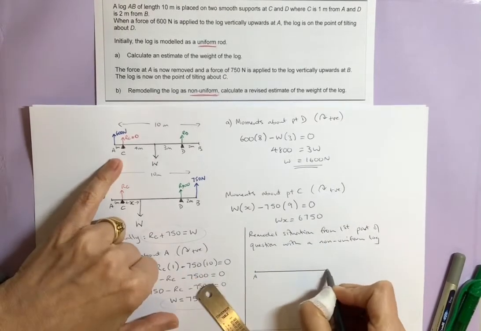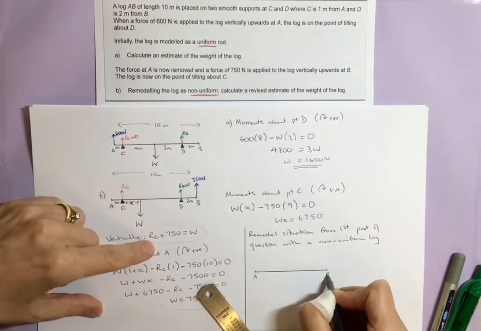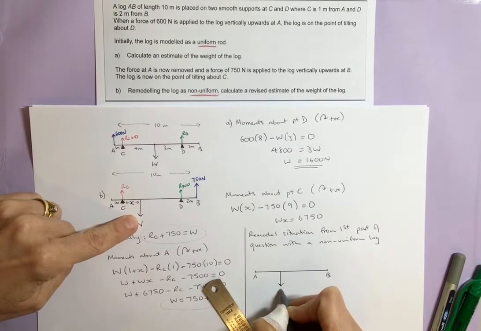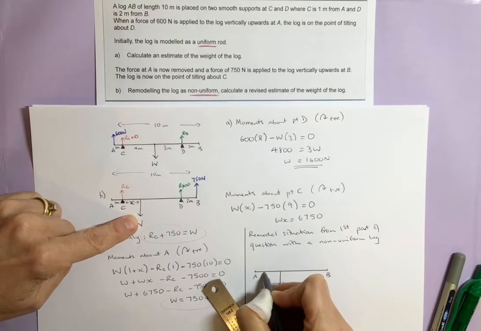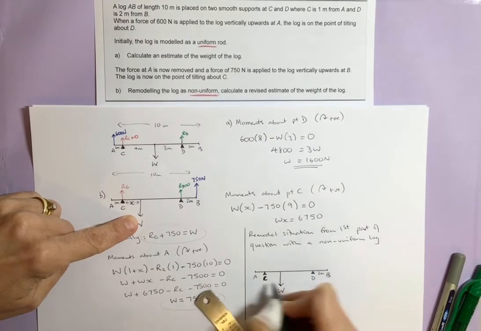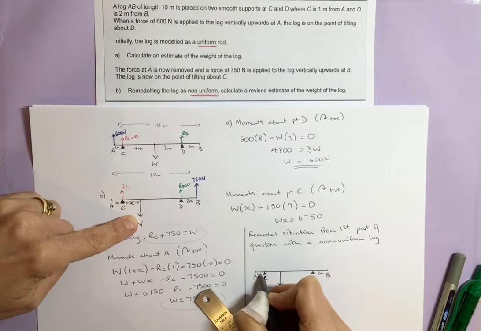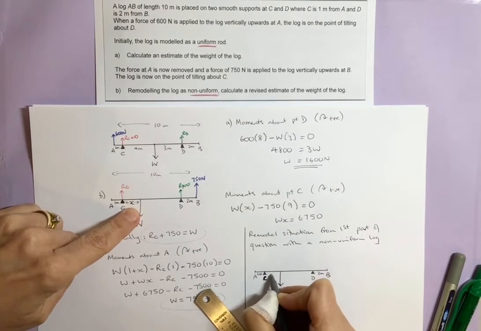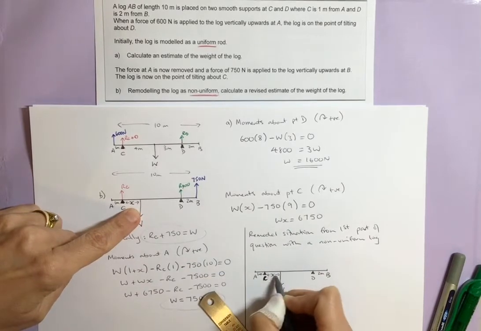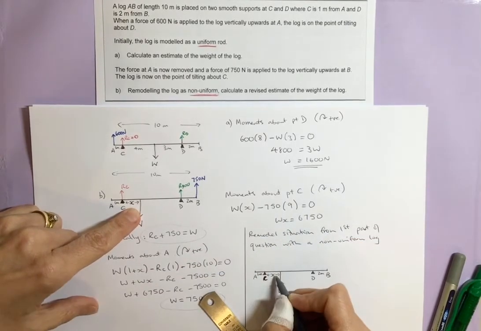So this first situation, but with W not at the centre anymore. So I've still got my support C, I've still got my support D. This distance is still this X, this unknown distance that I don't know. And I might put W in the wrong place there, but it doesn't matter because we could always work out X in the question if we wanted to.